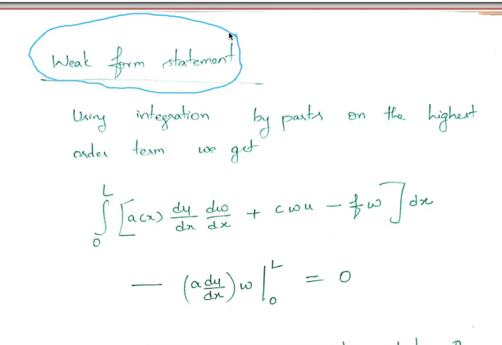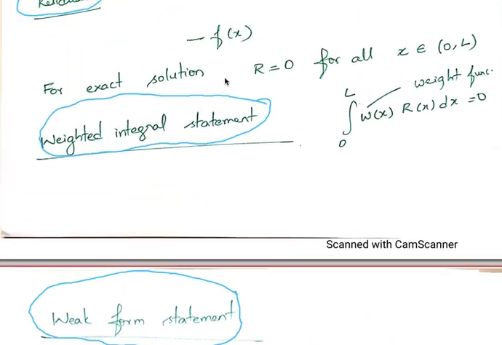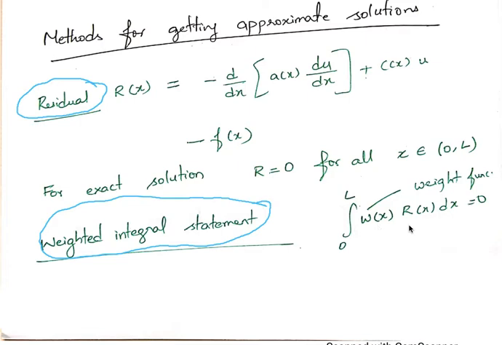Now what is the weak form? We take the weighted integral statement and then we are going to do integration by parts. Now if you look at the governing differential equation, what is the highest order spatial derivative you have? Second order. In the majority of the problems that you are going to solve, the highest order spatial derivative is going to be 2.